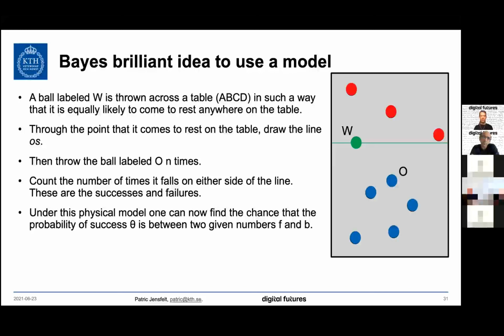So we can use this physical model to find the chance of success. So getting a blue ball, and what he wanted to do was to approximate that between two numbers or values F and B. And this allows you to study the effect of the first ball, which would be the cause in this case.